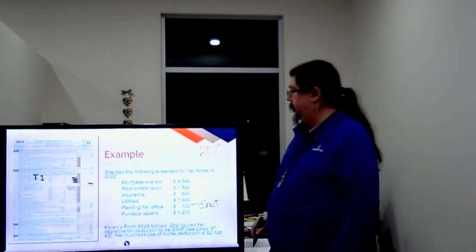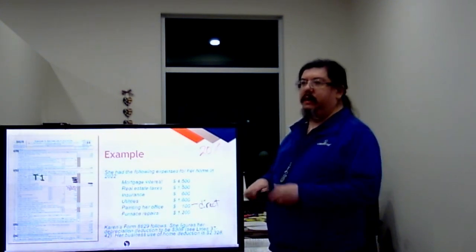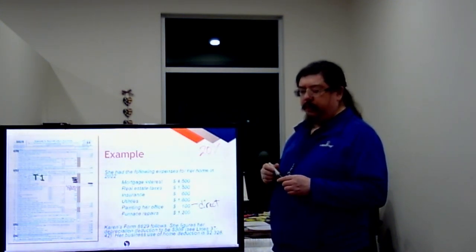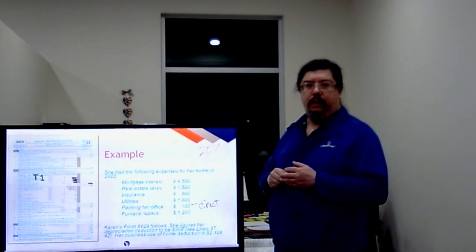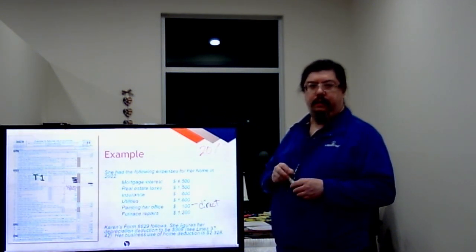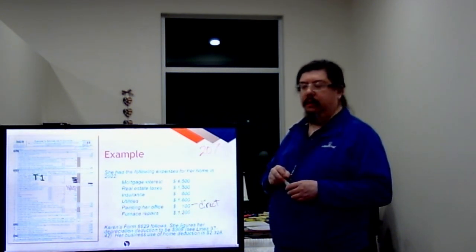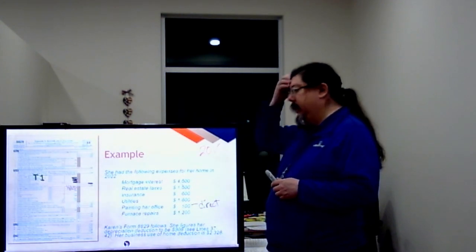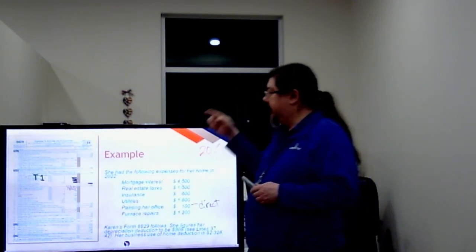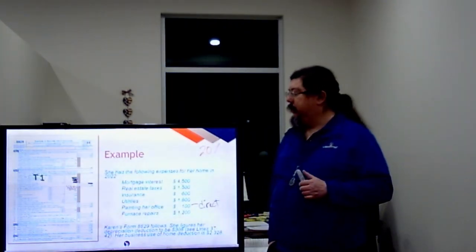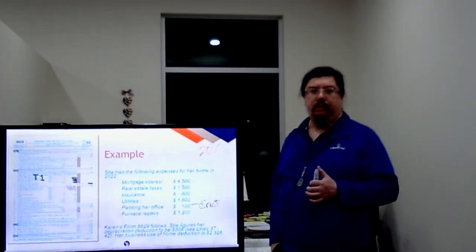So in this case, what does excess mean? Excess means more than what you would be allowed to deduct as an itemized deduction. If you're taking the standard deduction, you have to put all of your expenses, mortgage interest and property taxes, in the excess column.